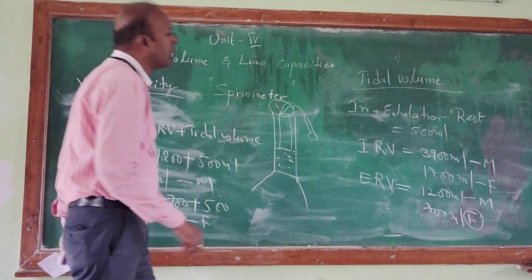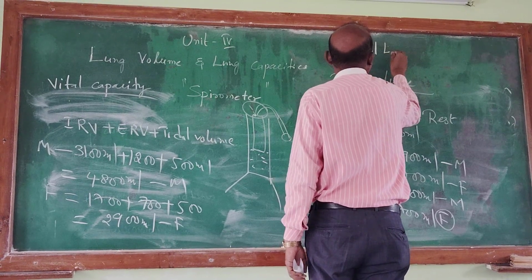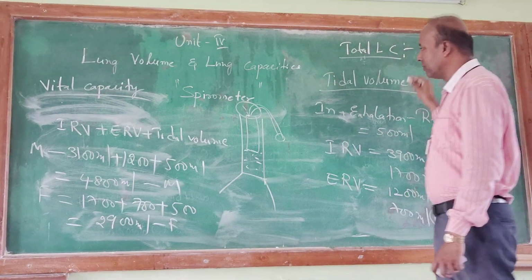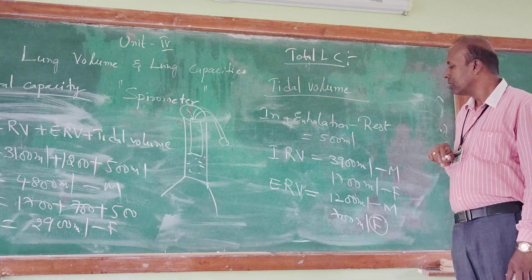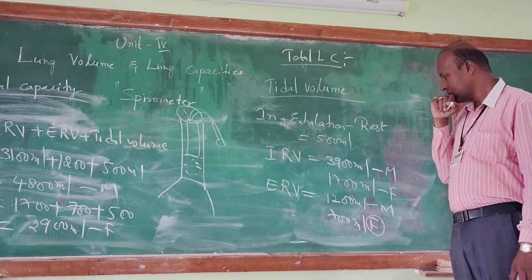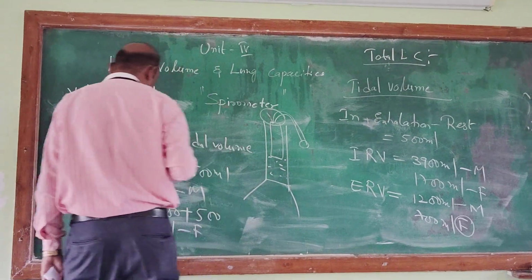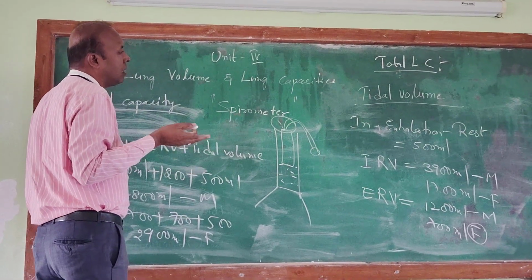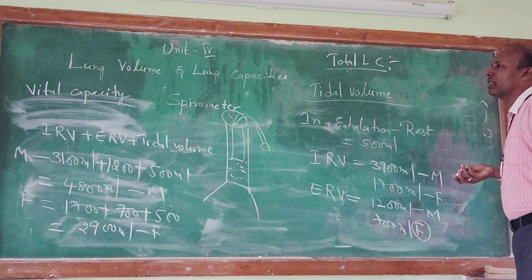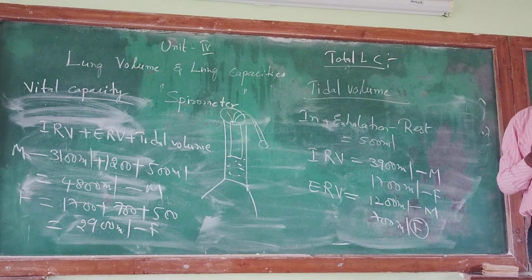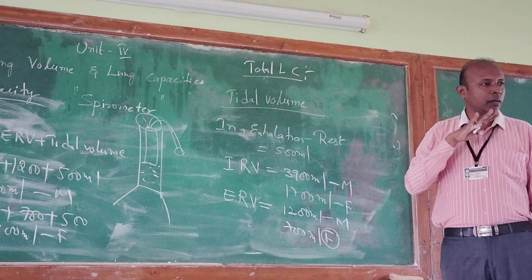Similarly, total lung capacity is the sum of vital capacity plus residual lung volume. Even after inhalation and exhalation, some amount of air is still present in our lungs.